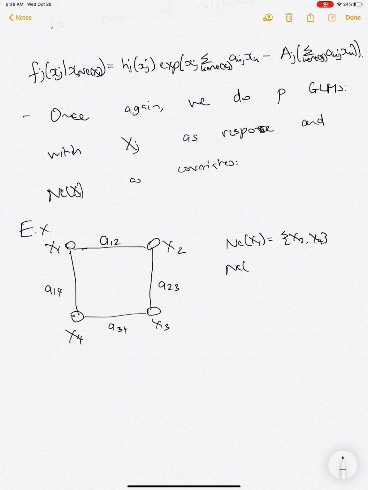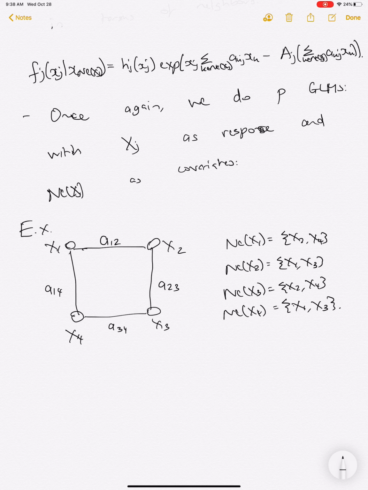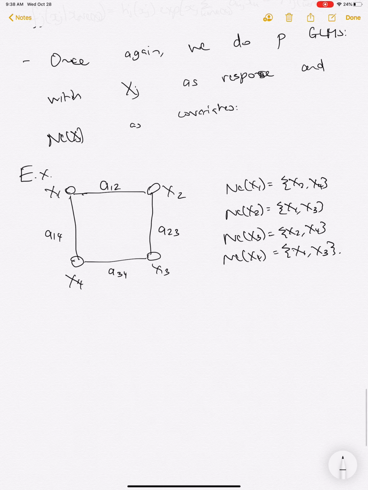The neighbors of x2 are x1, x3. The neighbors of x3 are x2 and x4. And the neighbors of x4 are x1, x3. And so once again, your data here is just going to be x1i, x2i, x3i, and x4i.